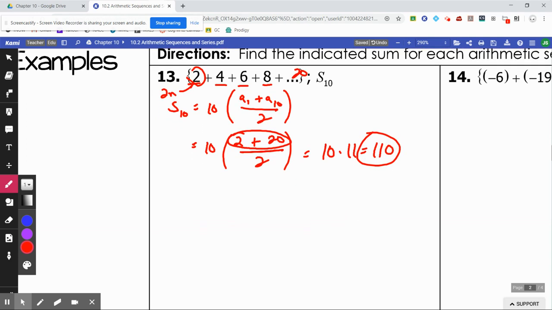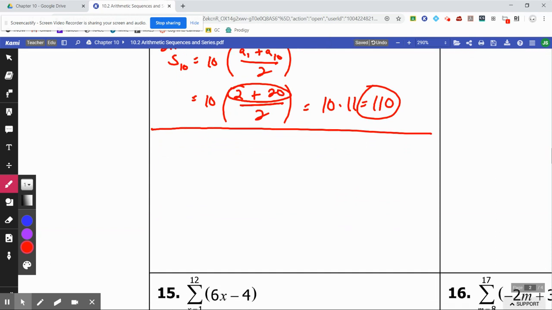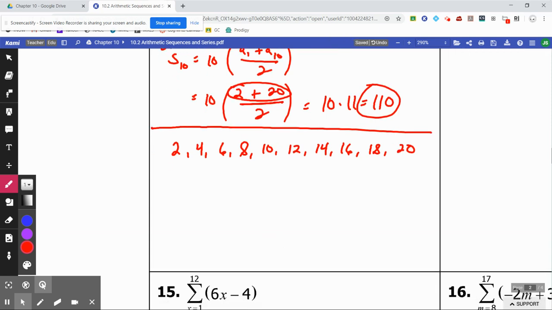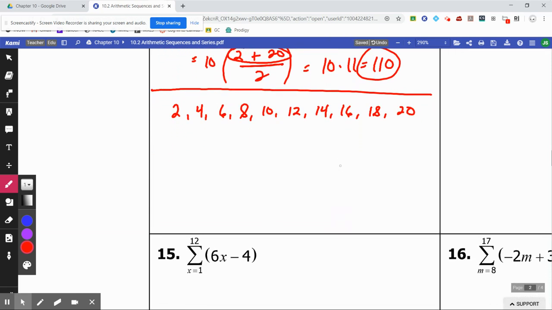Let me show you the other method, which actually I've already showed you. Here's your arithmetic sequence: 2, 4, 6, 8, all the way up to 20. Now, if you have an arithmetic sequence, guess what you can do? You can group your terms.